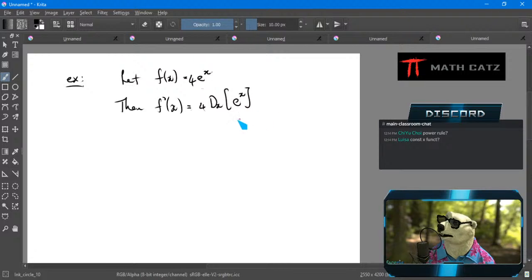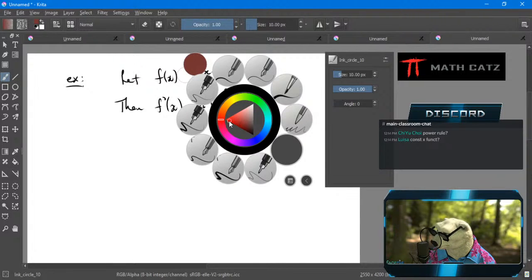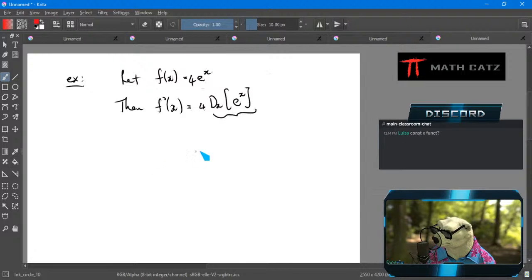So for the love of all things good and pure, do not make it red. I'm going to make it red. No, like a violent, scary red. That's pink. This one. Do not say this is x times e to the x minus 1.